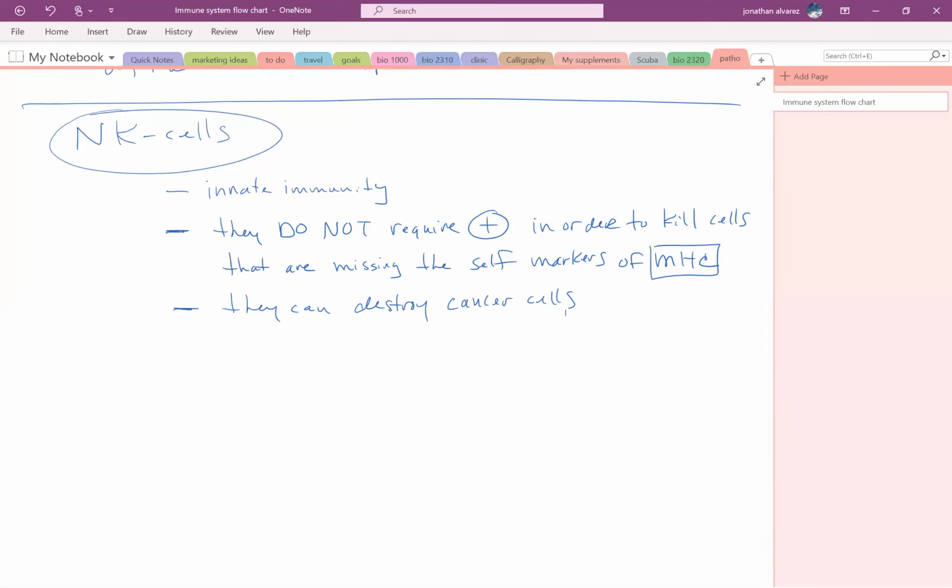Okay, hold on a second. Someone chatted me something. They said, did you say natural killer cells are part of T cell function? No, they're kind of their own thing. Okay, natural killer cells are their own thing. Okay.